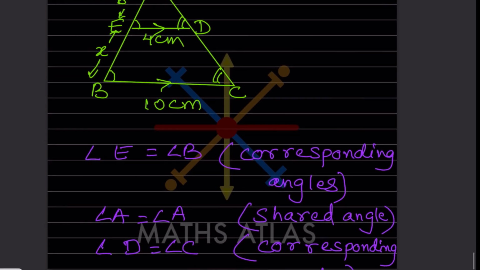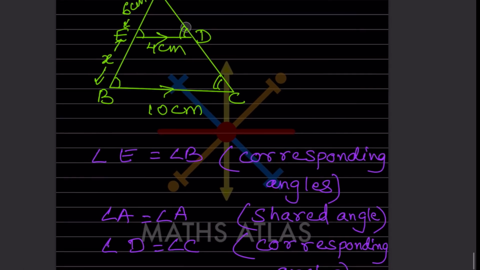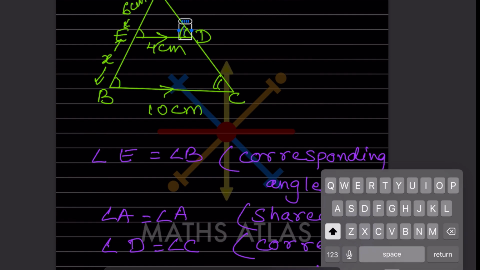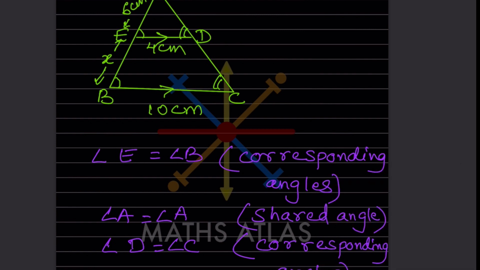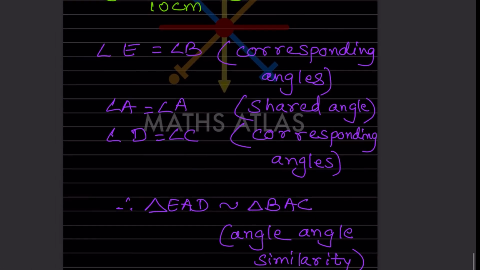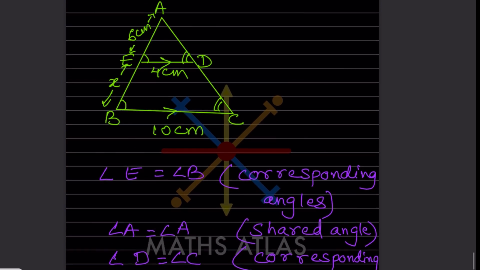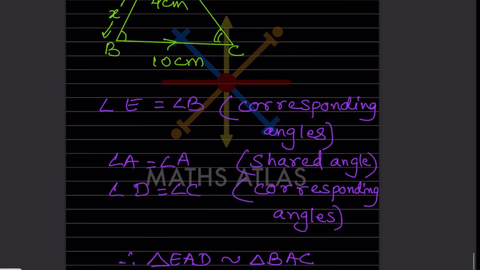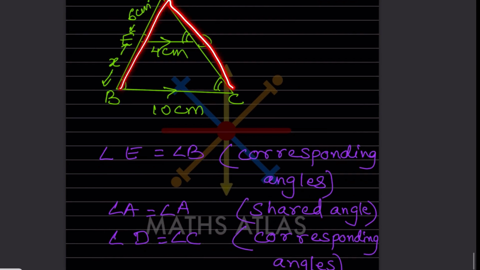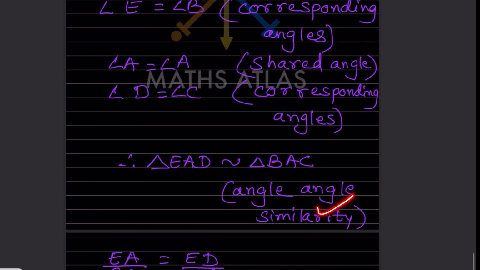And one more we can see over here: angle D is equal to angle C, that is also corresponding angles. So from this we can say angle EAD is equal to angle BAC, because that is the angle similarity.